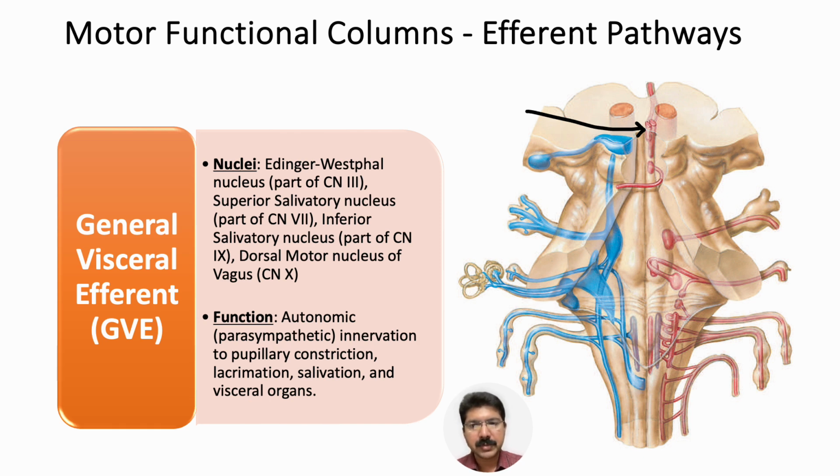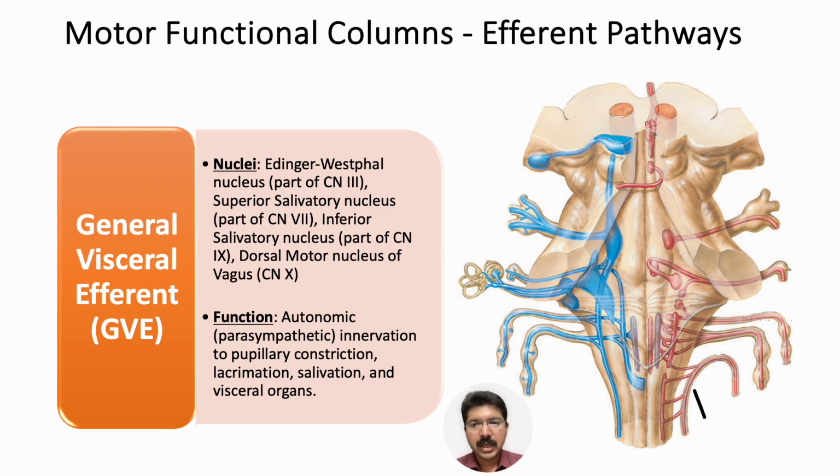different distances. In the pons, we identify the superior salivatory nucleus, which contributes to salivation by innervating the submandibular and sublingual salivary glands. Further down in the medulla is the inferior salivatory nucleus, which also contributes to salivation, but through the glossopharyngeal nerve, innervating the parotid salivary gland.